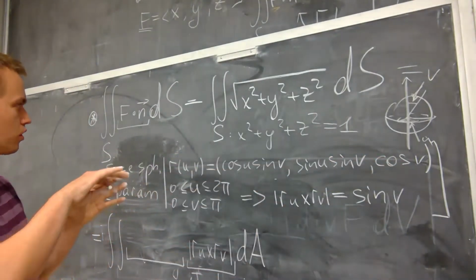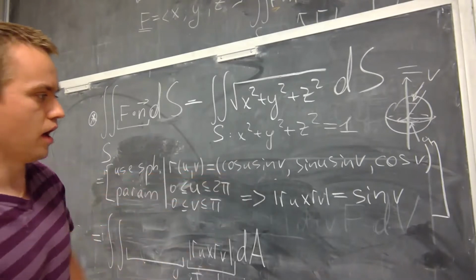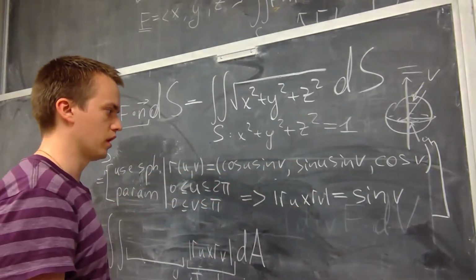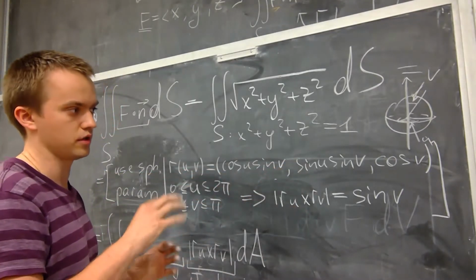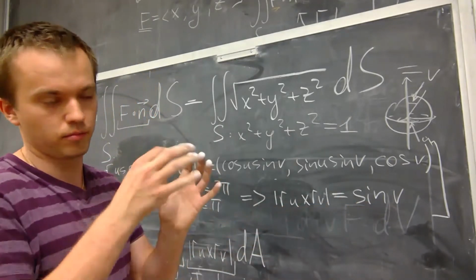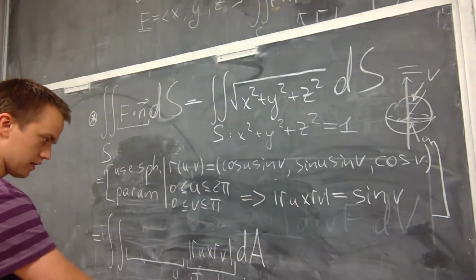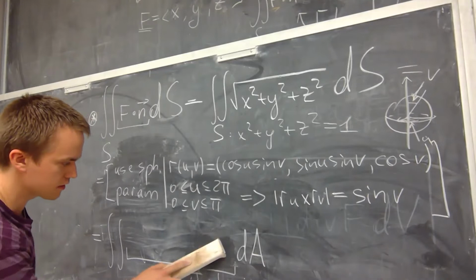But since we only work on the boundary of a sphere, my R equals 1. And I know that the Jacobian for the change of variables from Cartesian coordinates into spherical coordinates is going to be R squared sine v. But since we work only on the boundary, R equals 1. So this is going to be my Jacobian, and I can just rewrite this as sine v.